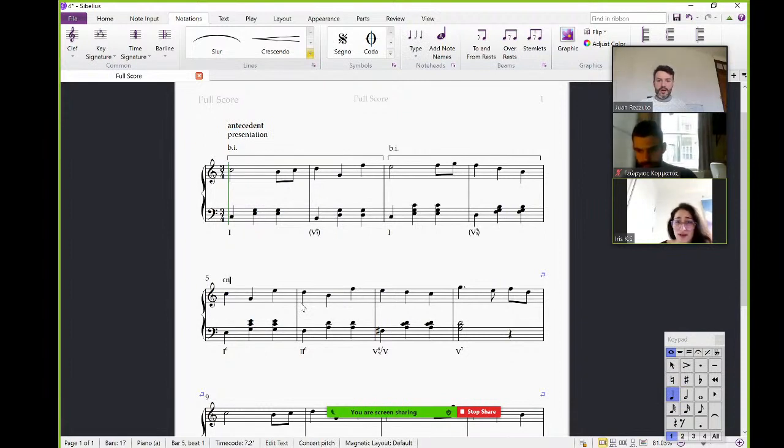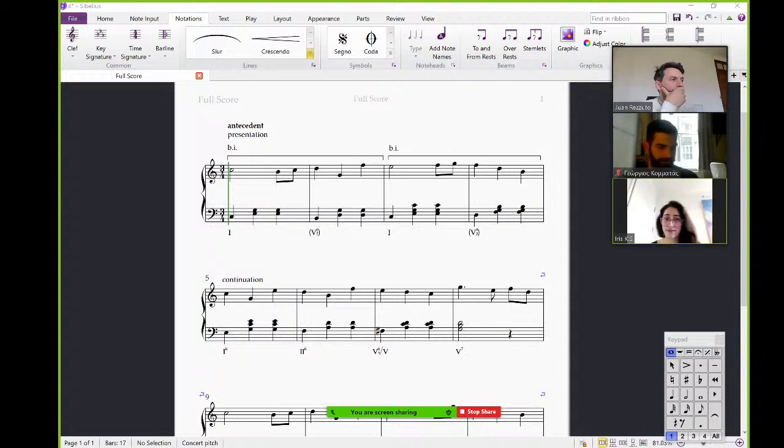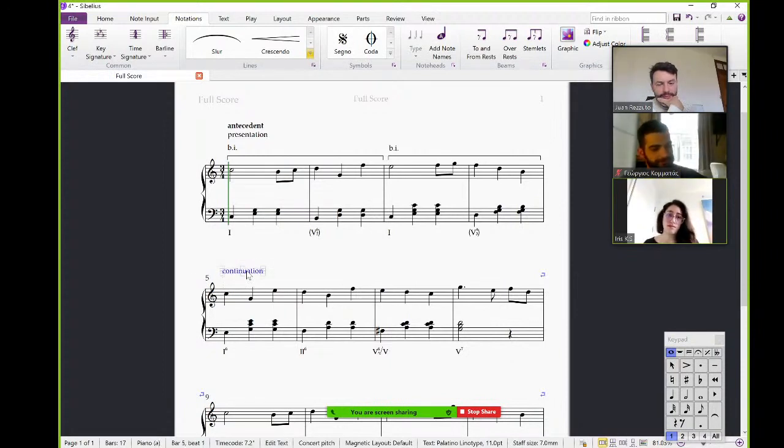Fragmentation. More harmonic reading. And there is, in the continuation, more than fragmentation, there is something else.